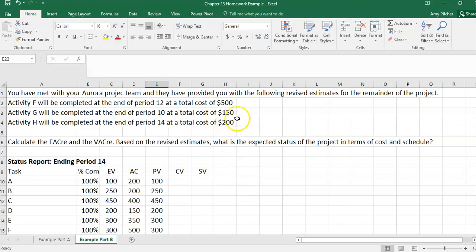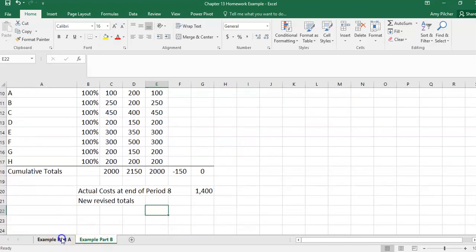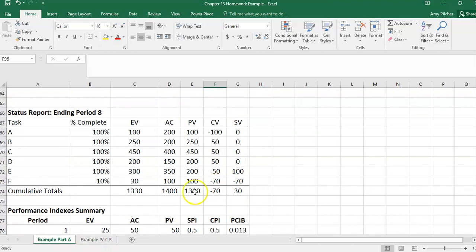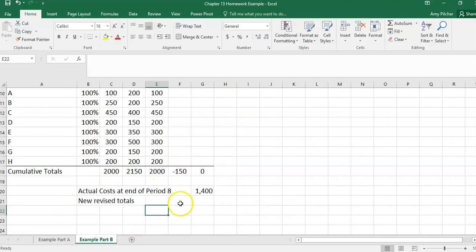At the end of period 8, we need to check and see if any of these costs have already been recorded. At the end of period 8, we had already recorded actual costs of $100 on F. So what we're going to add of our new costs are $750, because $100 of F costs are already in that $1,400.